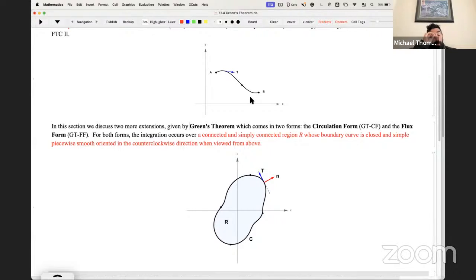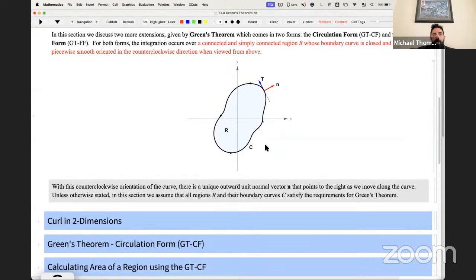By the way, in the last two sections, 17.7 and 17.8, we're going to integrate over regions in R3. So this is a region in R2. So you can kind of imagine that if you get good at this, it'll help you with those last two sections.